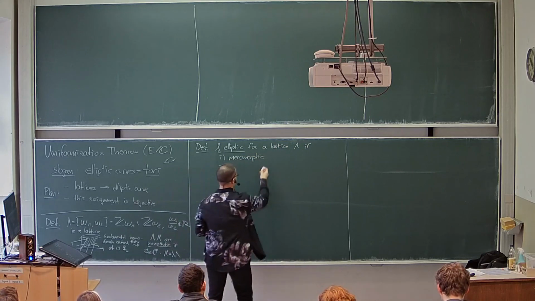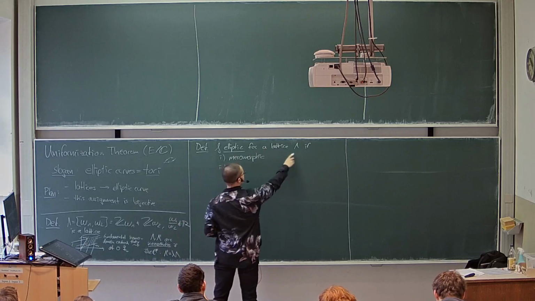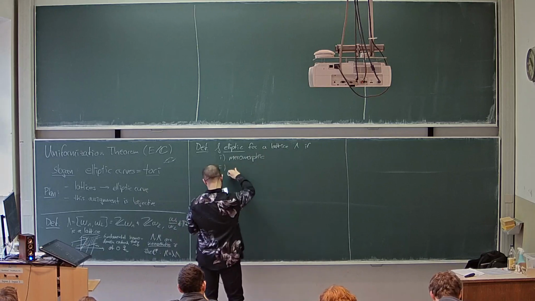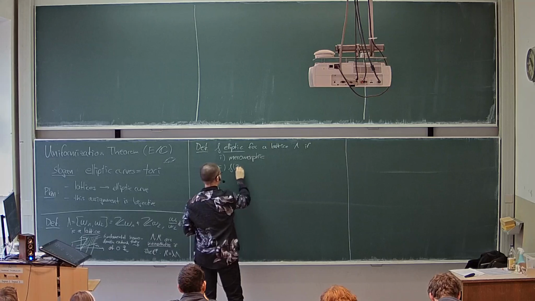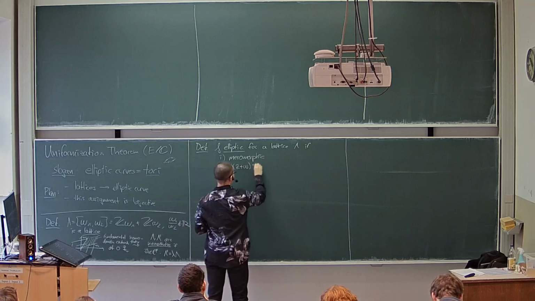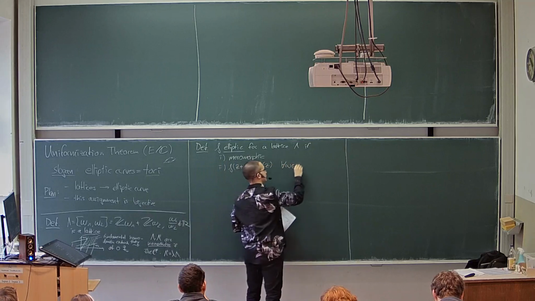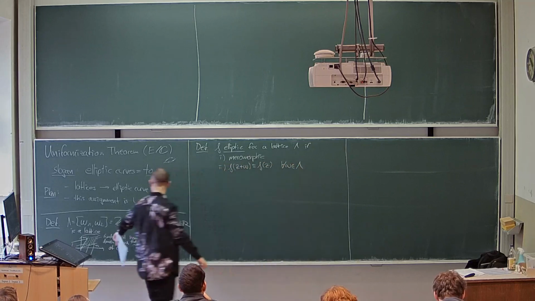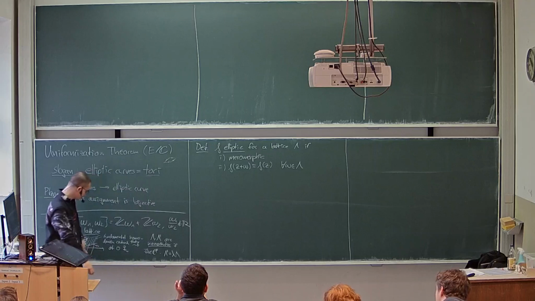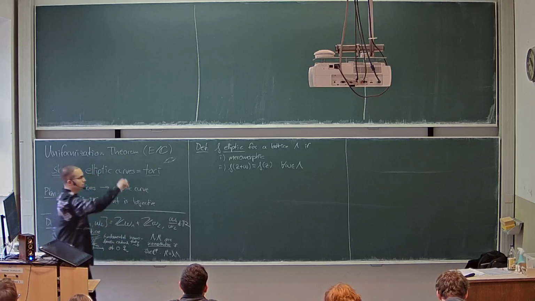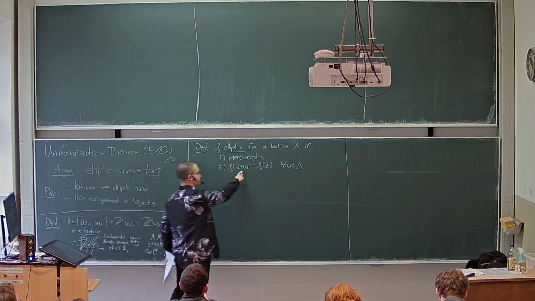So meromorphic on C, meaning it's defined everywhere besides the poles, and we have periodicity with respect to the lattice. Meaning, exactly what I talked about in the beginning, we can start at every point in C and translate everything back to the fundamental domain. Yes?